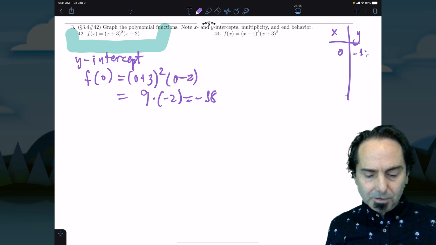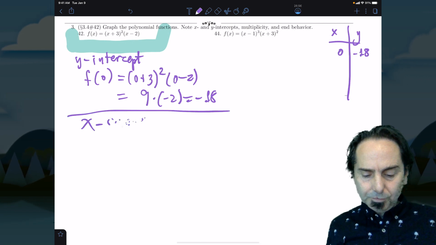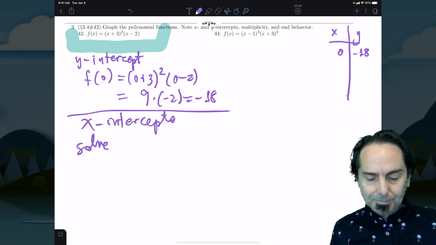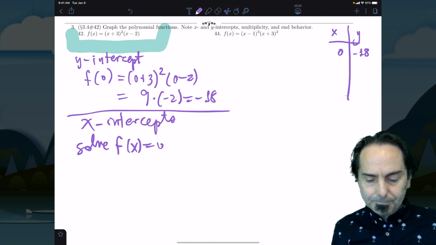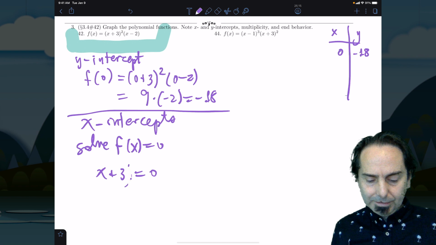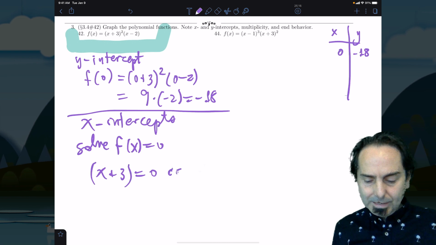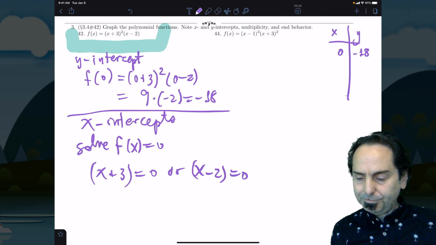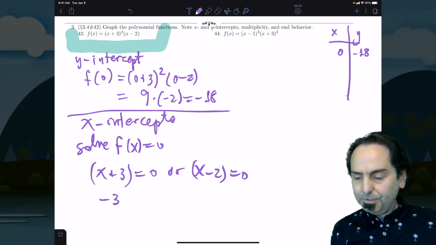For the x-intercepts, we want to solve f of x equals 0, because for an x-intercept, it's the output that's 0. This just means that either x plus 3 is 0, or x minus 2 is 0. So that's negative 3 and positive 2.